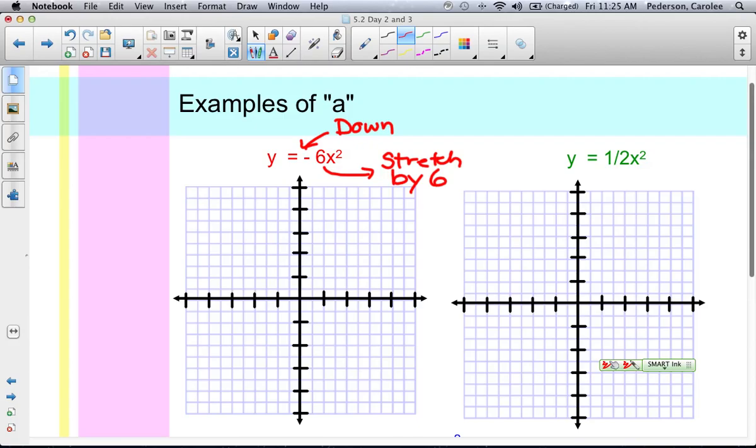So if I think about my original parent function, again, I'll just quickly graph that so you can see the difference. What's going to happen is I'm going to reflect above the x-axis. So now my graph will look like this with the reflection.